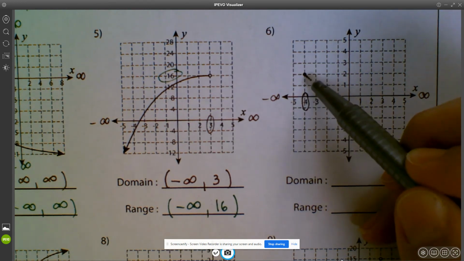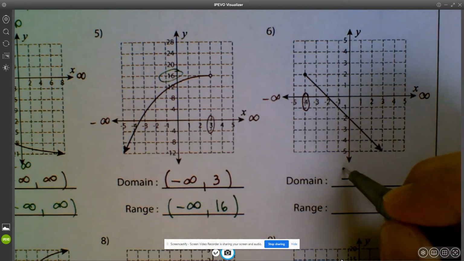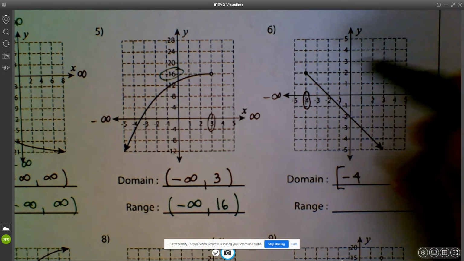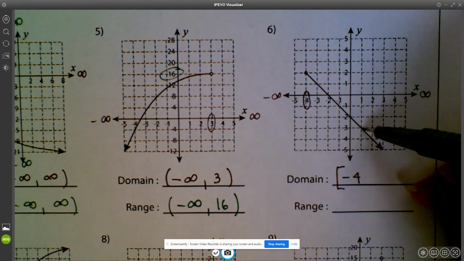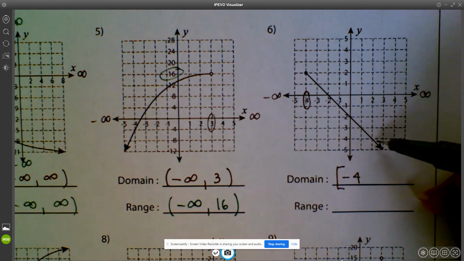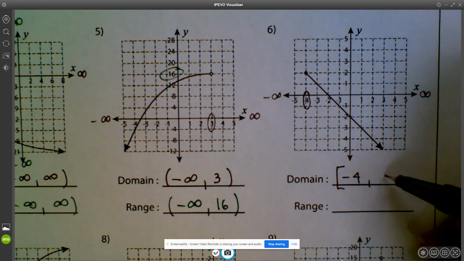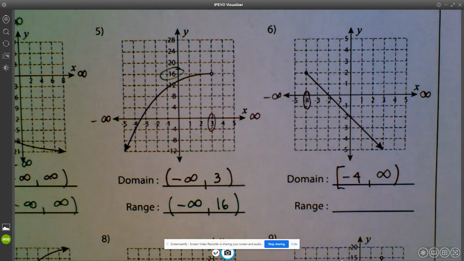It doesn't go any further to the left than -4, and it touches -4. So we put a bracket there. How far to the right does this go? Well, here x equals 0, 1, 2, 3, 4, 5, and so on, because there's an arrow. So we know that this thing will go to infinity.